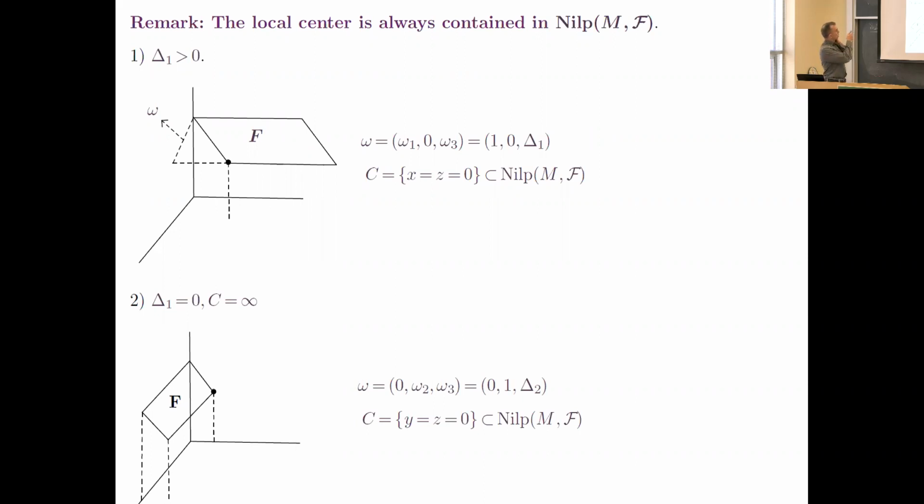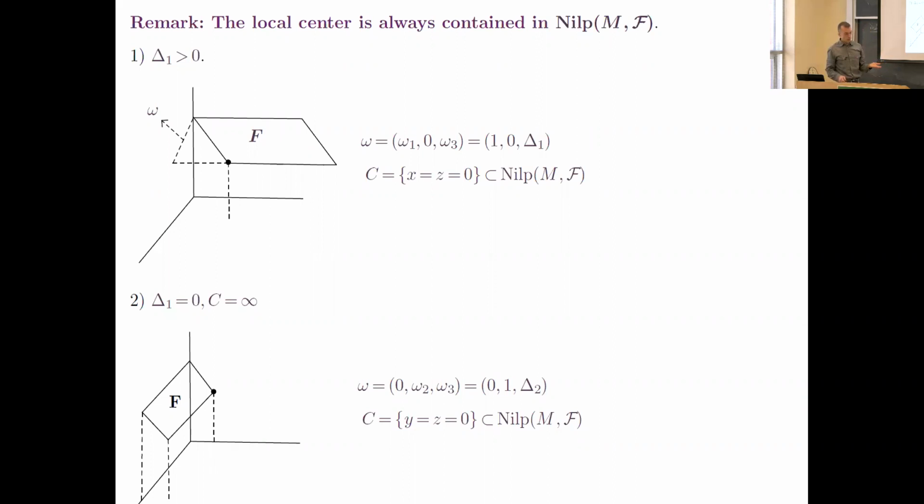The first configuration is where the displacement vector of delta 1 is positive. So in this case, by the choice that I've made, if you recall, I've defined this derivative polygon, and I said that in this case, the main face should be the one which corresponds to the vertical edge of the derivative polygon.